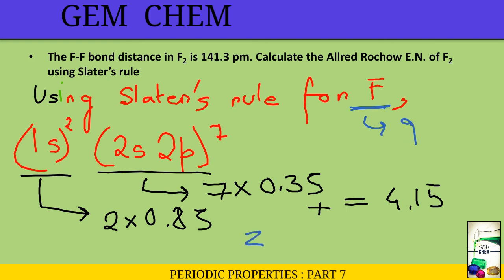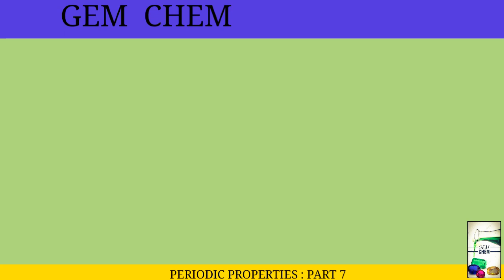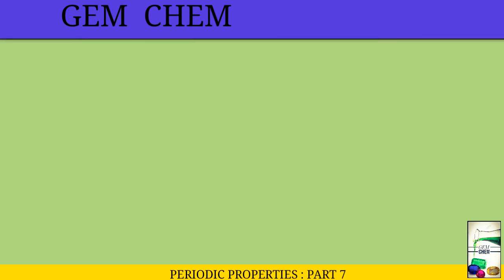So the Z star comes to be 9 minus 4.15, which is nearly equal to 4.85. Right. Now we will use the Allred Rochow scale, that is using AR scale of electronegativity.